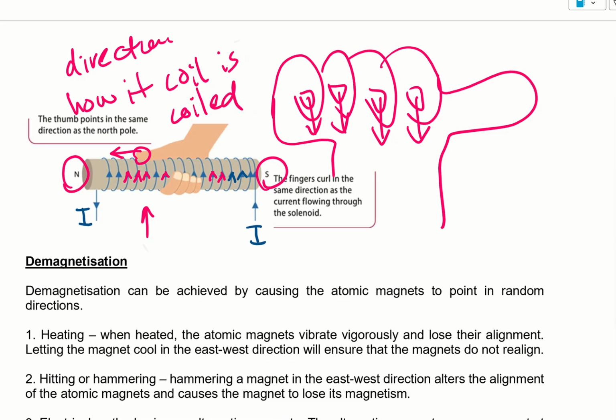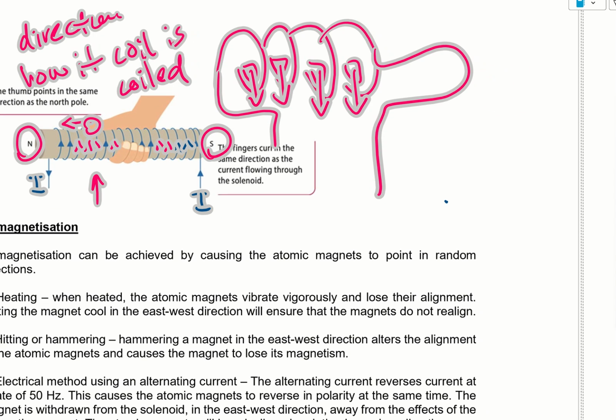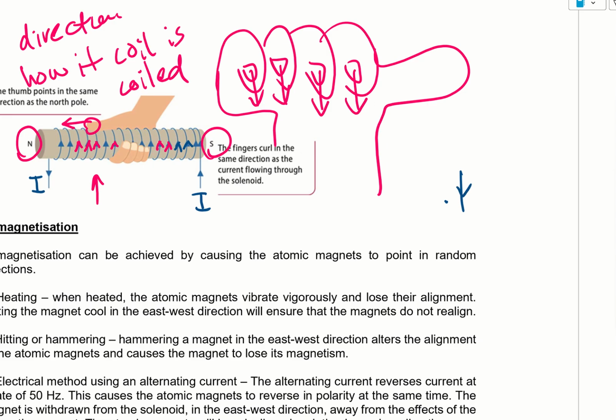Okay, I can show you another example whereby I have current going down and current going up, exactly like this.